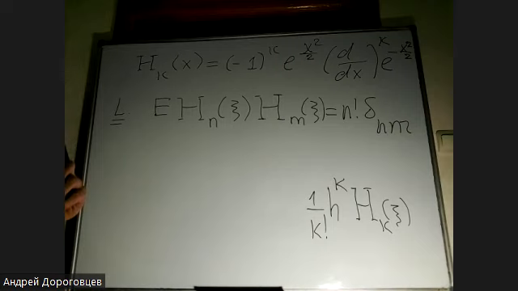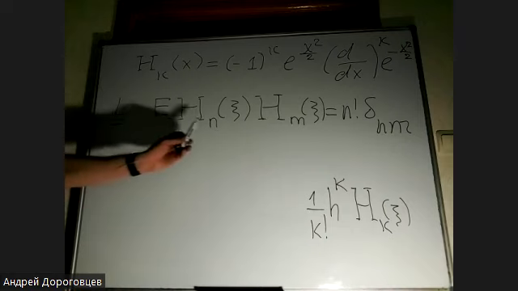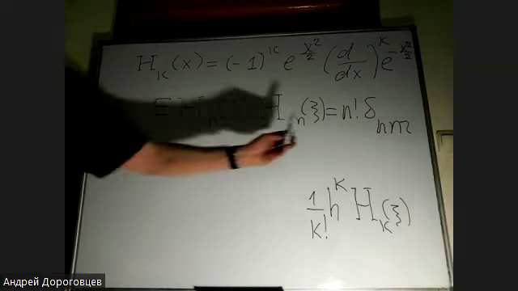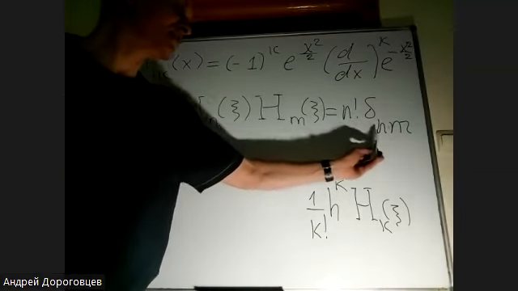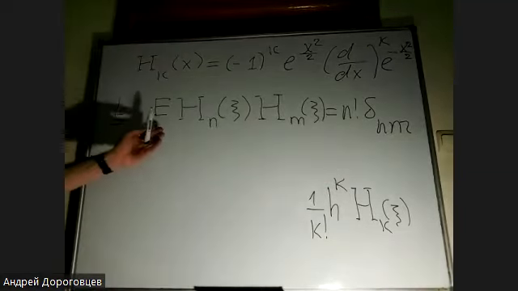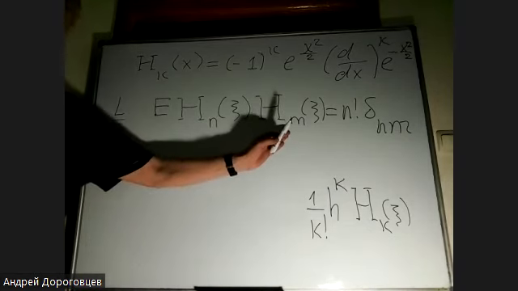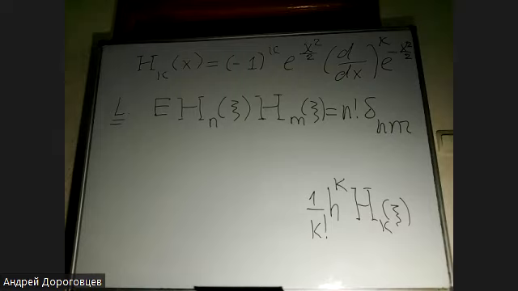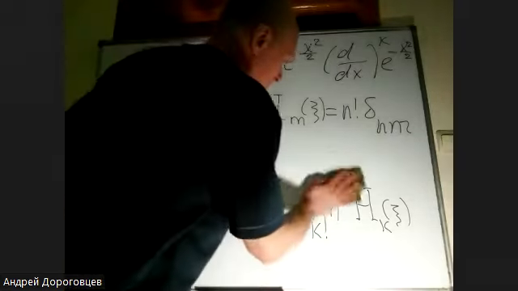But in the statement of the lemma, what is smaller, n or m? n and m are arbitrary indexes. Okay. So we have such a relation. Let's prove it.